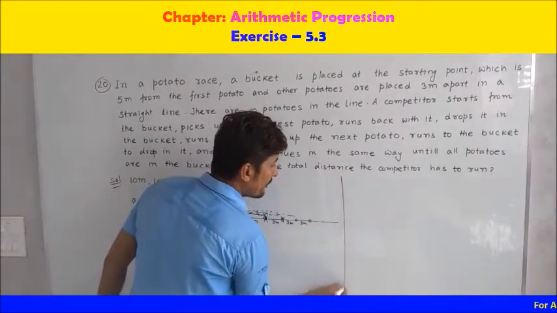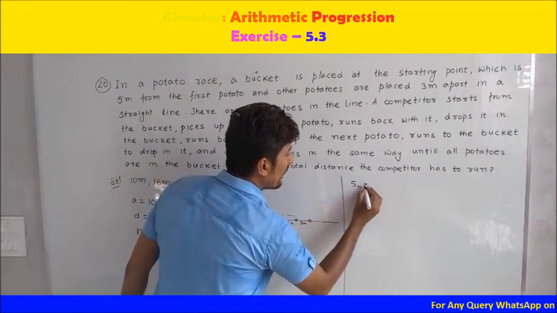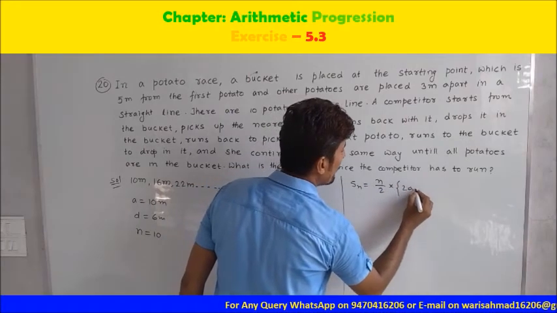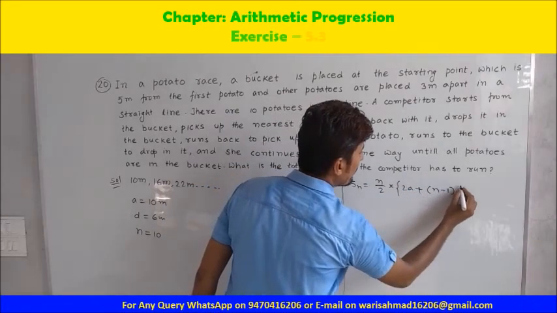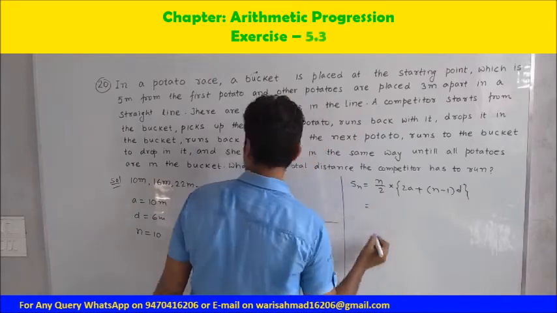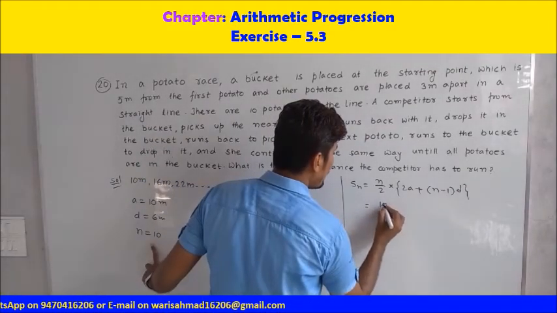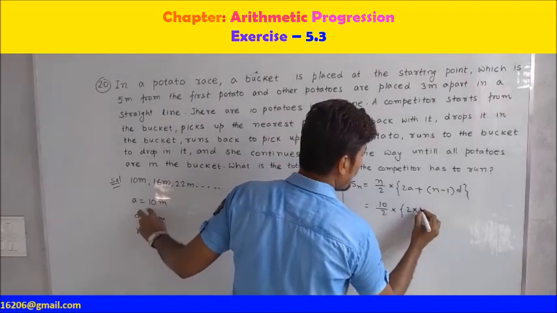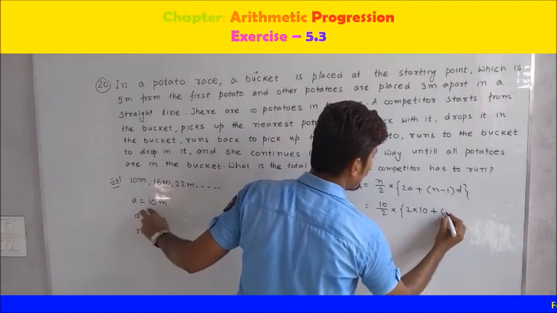To add these distances we use the formula Sn equals N upon 2 multiplied by 2A plus N minus 1 multiplied by D. The value of N is 10. So 10 upon 2 multiplied by 2 into the value of A, which is 10, plus N minus 1.